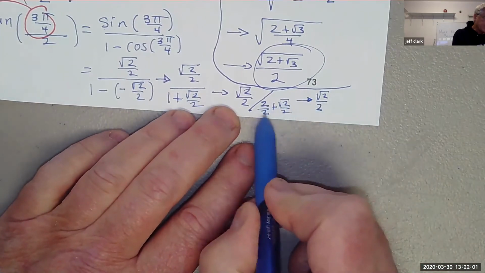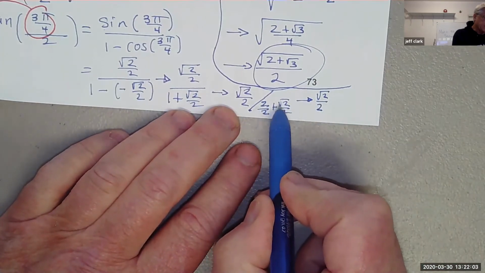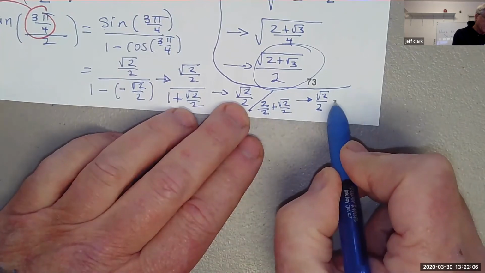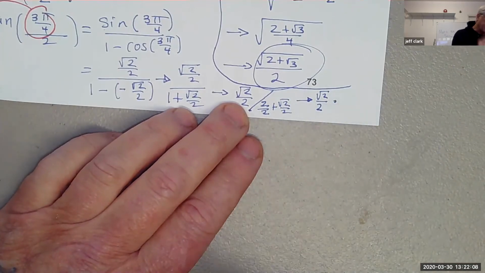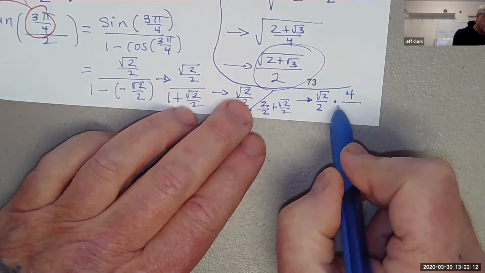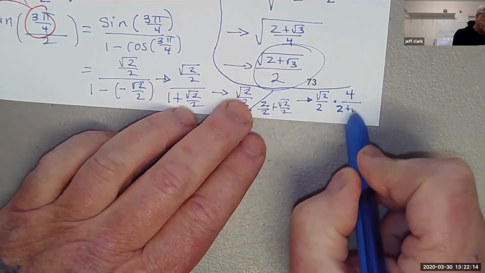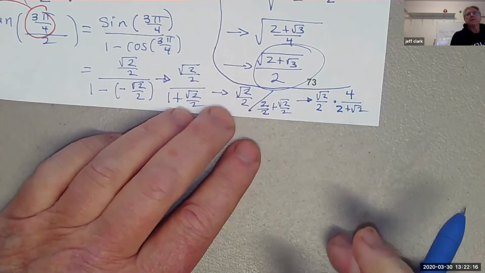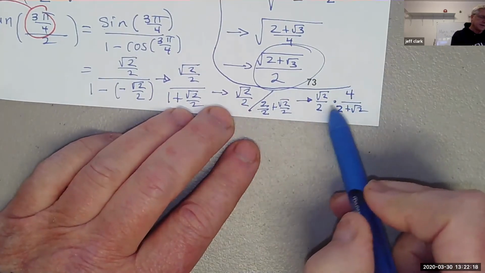Now, if I push this together, that would be 2 plus root 2 all over 4. So if I multiply by the reciprocal instead of dividing, I'd have 4 here all over 2 plus root 2. Oh, what a mess. This is reducing.